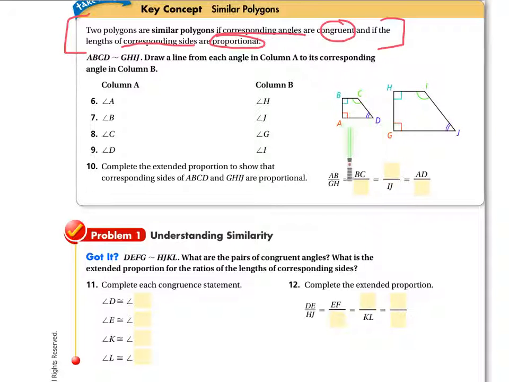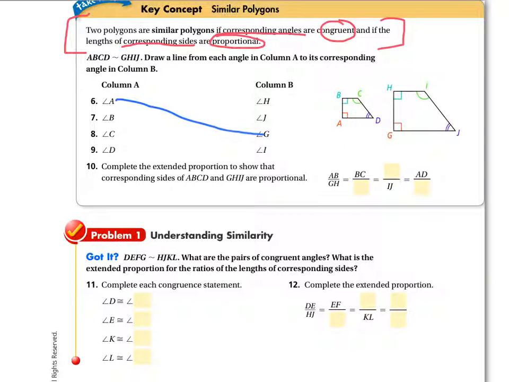These are oriented correctly. If your polygons are not oriented correctly, you're going to want to redraw one of them so that they are oriented correctly, so that you can match up the sides and match up the angles. And so A should correspond to G. So A goes to G. What corresponds to B?